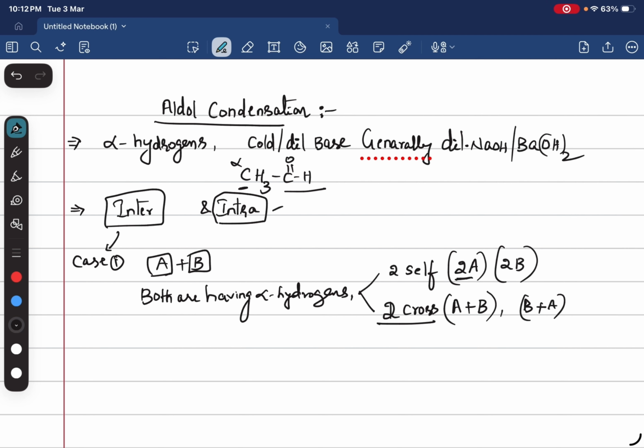So two cross products, this is one combination, this is another combination. Together, how many products are possible? If both have alpha hydrogens, total 4: 2 self, 2 cross. That's how it will be.